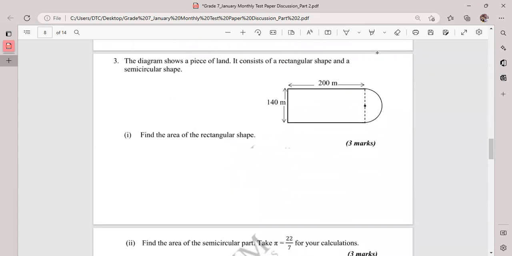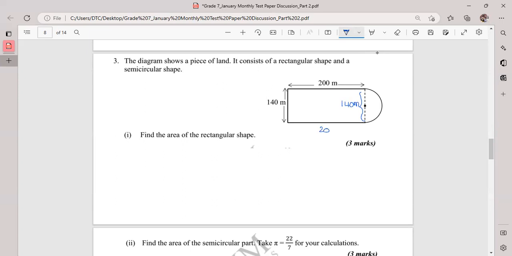The diagram shows a piece of land. Again, it is a compound shape, right? You can see a rectangle and a semicircle. It consists of a rectangular shape and a semicircular shape. So then here, if this is 140, this will also become 140 meters, right?